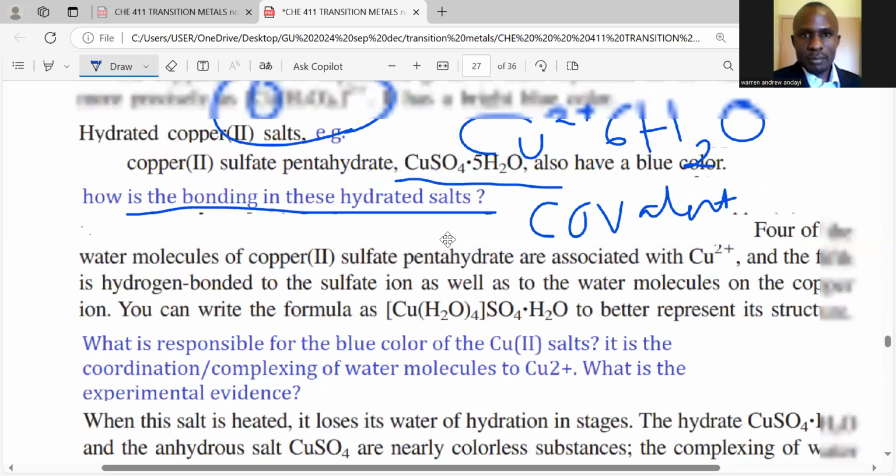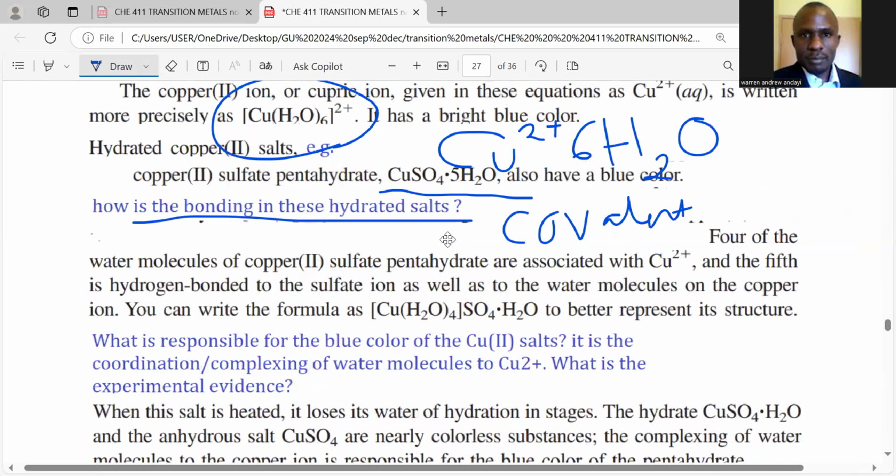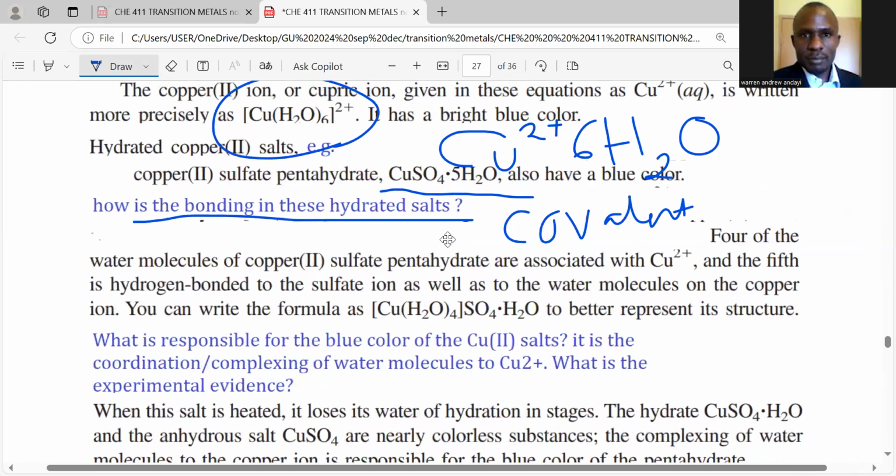Sorry, I am missing my wordings here. 4 of the water molecules of copper 2 sulfate pentahydrate are associated with copper 2 plus, and the 5th water is hydrogen bonded to the sulfate ion as well as to the water molecules on the copper ion.